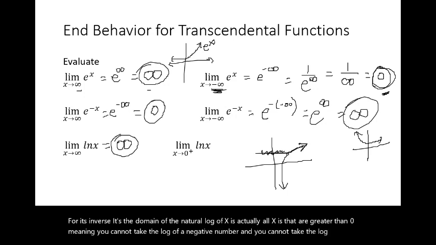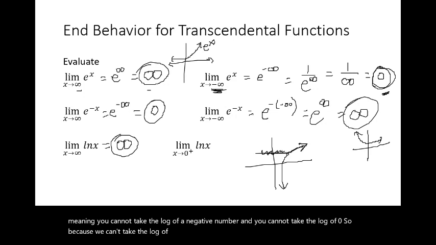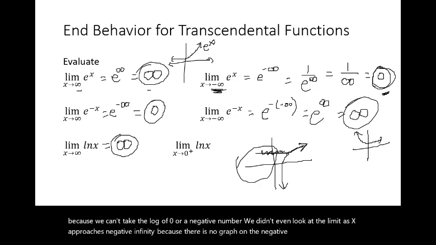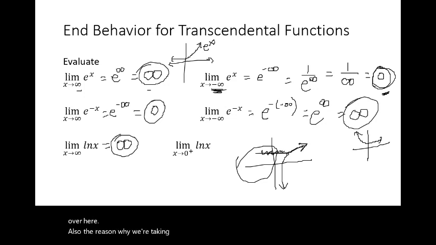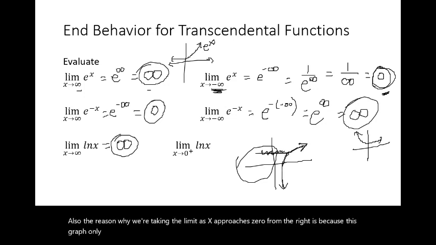So we didn't even look at the limit as x approaches negative infinity because there is no graph on the negative side. Also, the reason we're taking the limit as x approaches 0 from the right is because this graph only exists to the right of 0. So we're just going to look at this limit from the right.